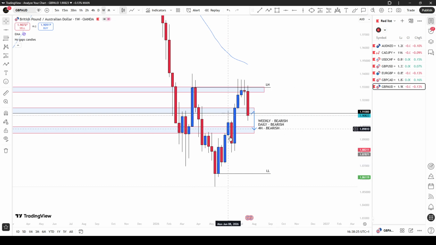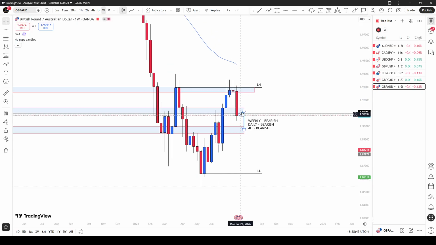Price rallied up, rejected from the lower low, wicked into it, but did not body close above it. It gave a very strong evening star formation engulfing the last 3 weeks' candles. So this week I'm waiting for a minor pullback, a weak pullback like this, to this place, then I'll take the trade to the downside.